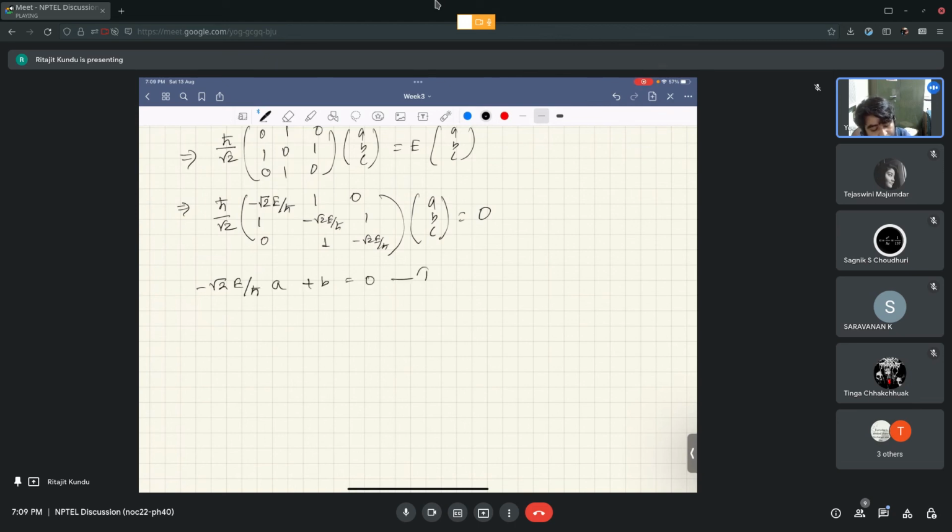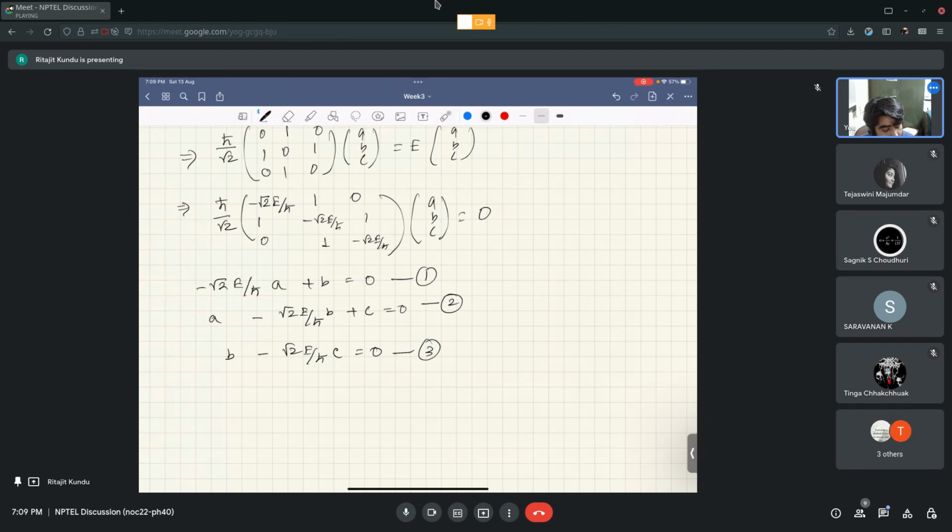Then from the second row of this matrix: a minus square root 2 E by h bar b plus c is equal to 0. And the last one: b minus square root 2 E by h bar c is equal to 0. This is the third one. So we have to solve these three linear equations.